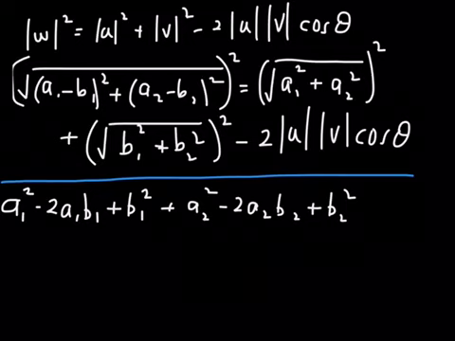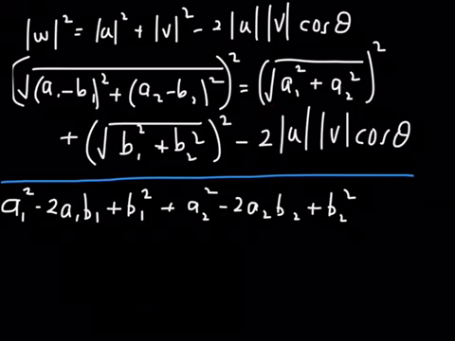Now, the right-hand side, let me say, is equal to, now what I'm writing is the right-hand side of the equation. When you square the square root, this square root here is gone, okay? And you're just left with a sub 1 squared plus a sub 2 squared, all right?